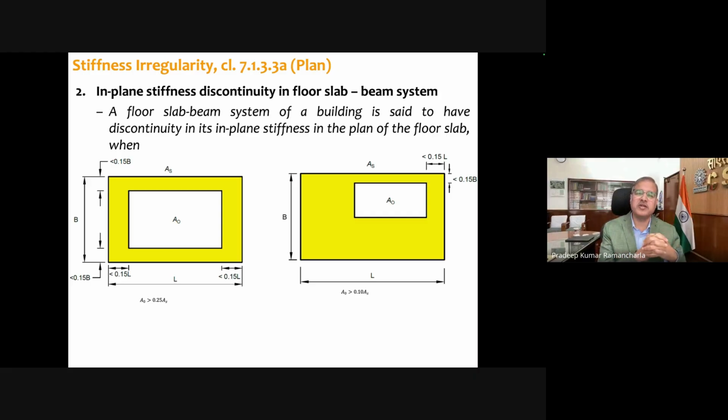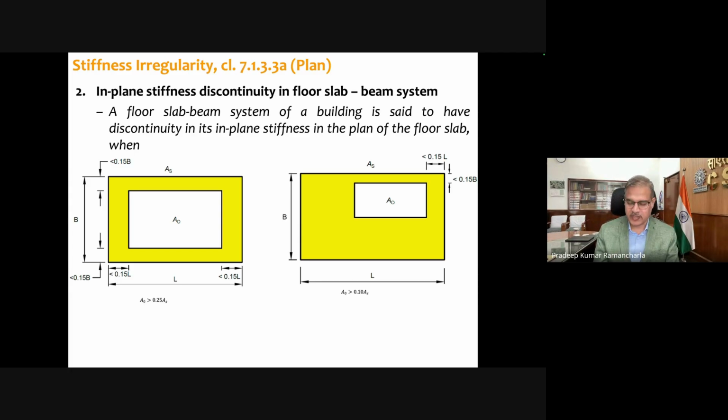And the 2 definitions are given here. One is if the cutout area is more than 25% and the cutout is not at the edge, and if the cutout is at the edge and is more than 10%, then we should consider it as a discontinuity. So the cutout definition is already given, that is less than 15% of the dimension in the principal plan direction.